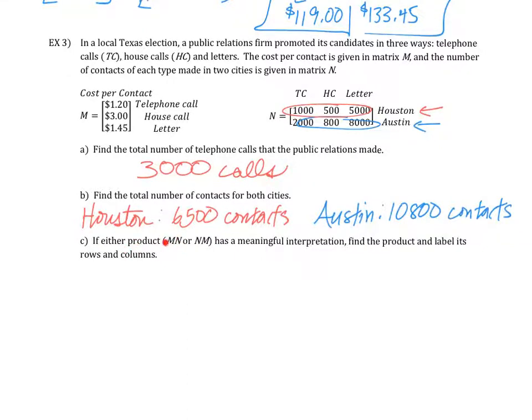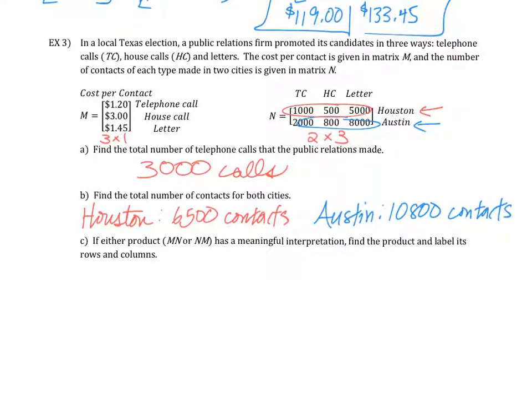So part C says, if either product, M times N or N times M, has a meaningful interpretation, find the product and label its rows and columns. So what we are looking at is, can you multiply M times N? Now, if you go back and look at the dimensions for each of these matrices, this is a 3 by 1, and this is a 2 by 3.